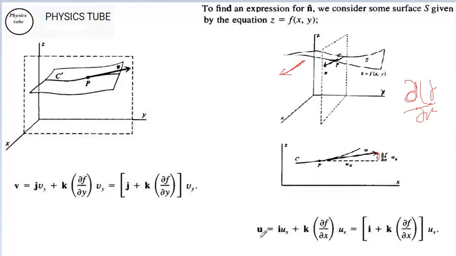So we take u in vector form is equal to i ux, because ux is along the x-axis, plus k. k is the prefix of the z-axis, we know this already, and this value ∂f/∂x ux. Ux is the resolve. See what we are doing. This ∂f/∂x ux is nothing but a fraction of this part, which is perpendicular to ux.